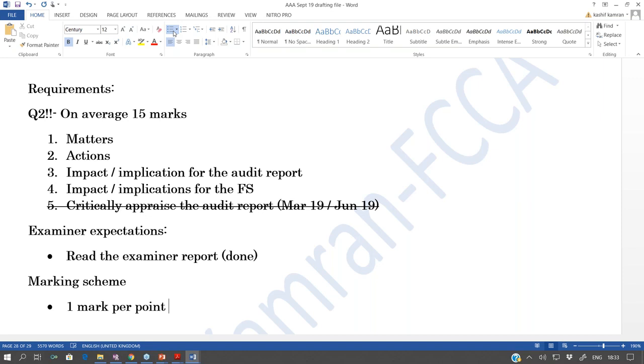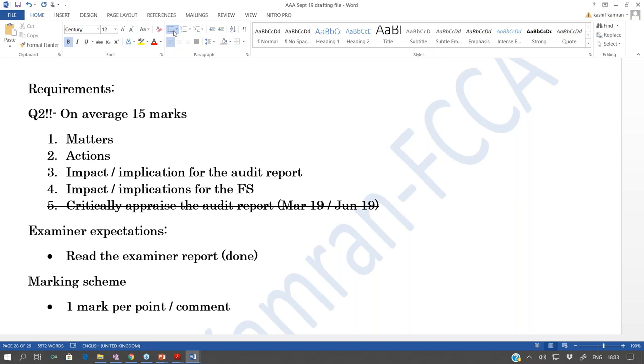Every point you write, every comment you write in a reporting question, will give you 1 mark, irrespective of the requirement. So reporting has a marking scheme of 1, just like ethical, professional, and quality control issues, across the entire question.